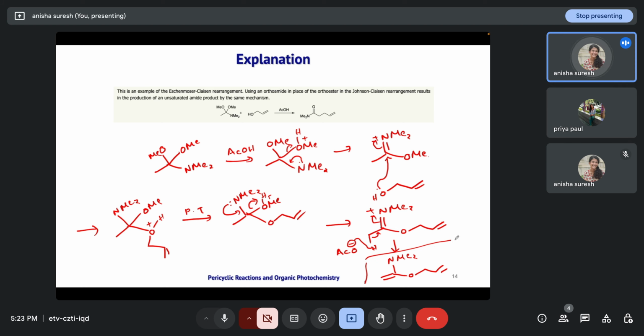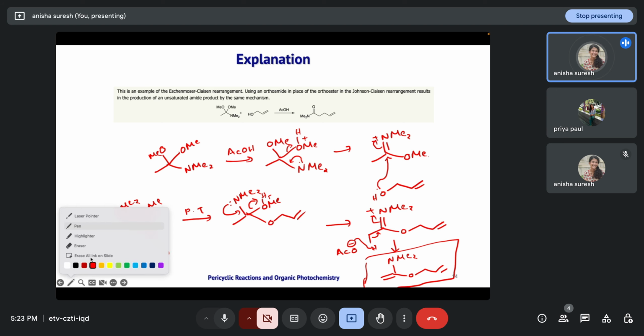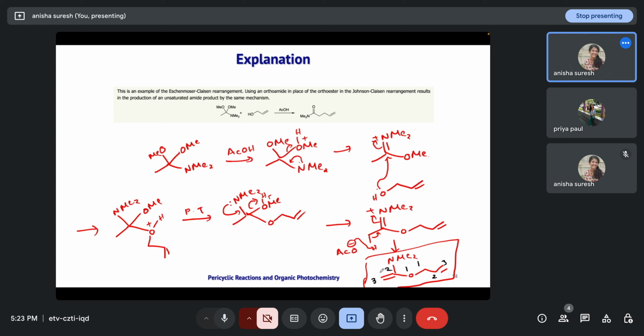So this is the precursor that will undergo a 3,3 sigmatropic rearrangement. Like if we number 3, 2, 1, 1, 2, 3. Okay. Just 1 second.